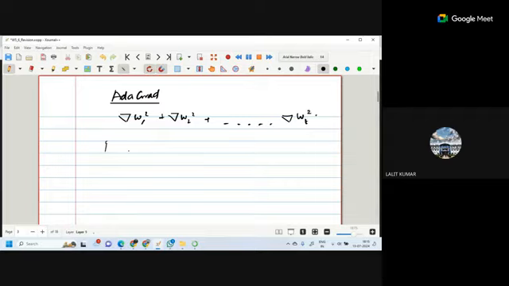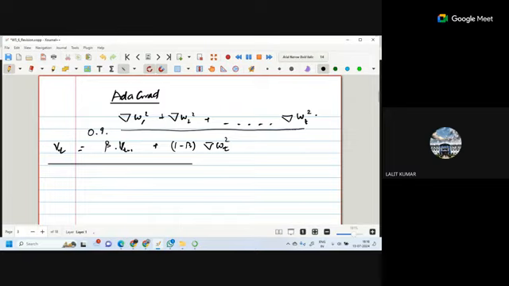Now, when we add this beta, which is generally 0.9, times VT minus 1 plus (1 minus beta) times WT square, what happens is that this increase is not uniform. It is not monotonically increasing.